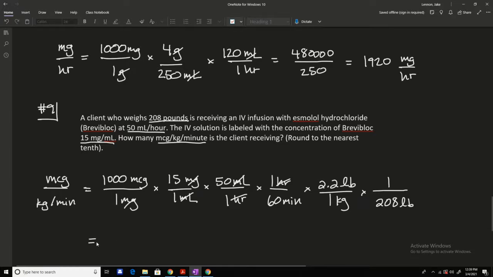Again, this one has quite a few steps, so you want to make sure you're counting your zeros properly. So we end up with 165 and then 4 zeros. And then on bottom, we end up with 12,480.